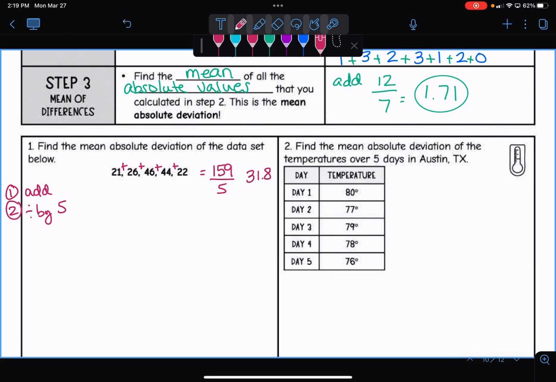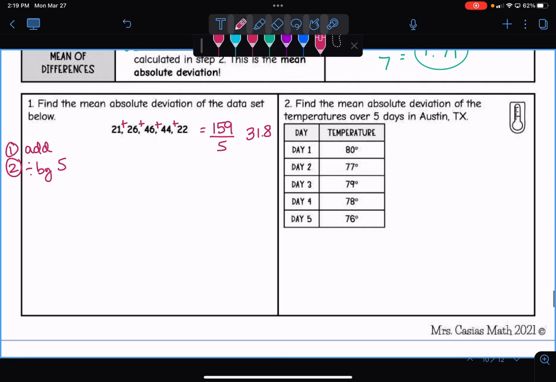Okay, what's the next step? Subtract, yes. I'm going to subtract 31.8 from each number.